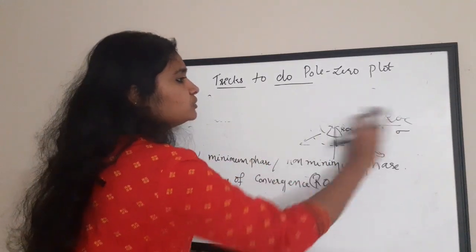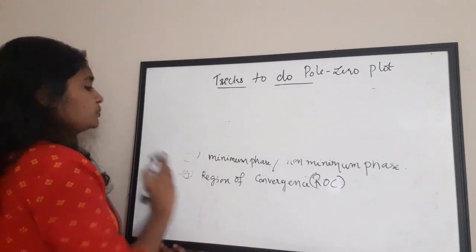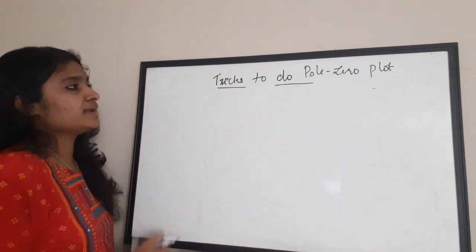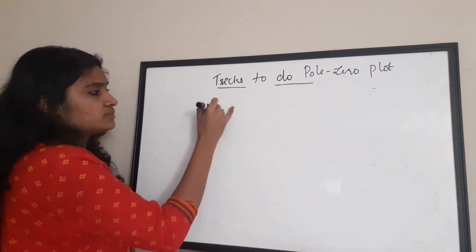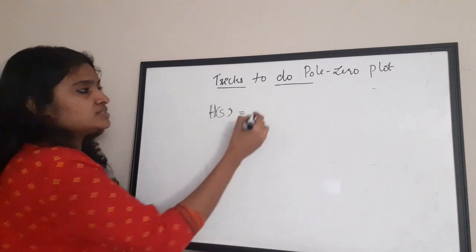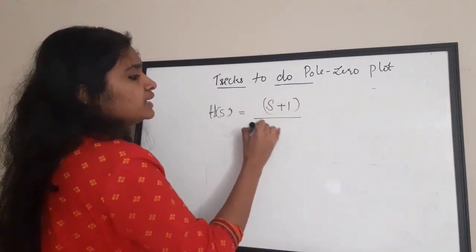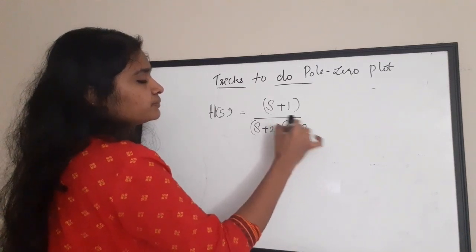Now we have talked about the properties, but we have not discussed how to get the poles, zeros and everything. So I'm just randomly writing a transfer function. This is H of s. H of s is equal to s plus 1 by s plus 2 into s plus 3.